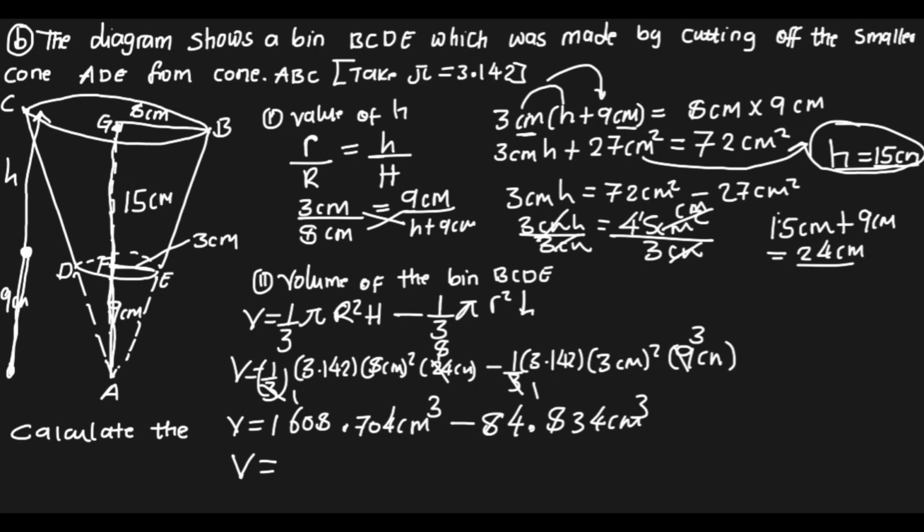So minus that. So I'm getting 1523.87 centimeters cubed. So this is how we can find the volume of a frustum, which is a bin.